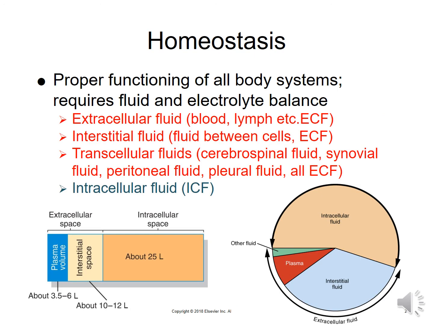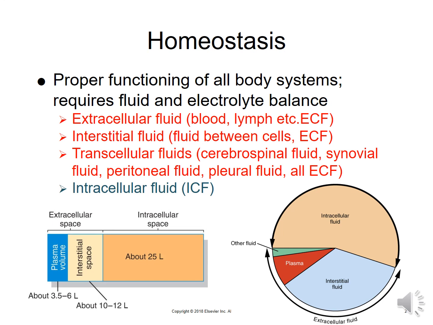All right, let's start our chapter by looking at how fluid is distributed in the body. Even though there are many types of extracellular fluids and different places where it resides, intracellular fluids make up more fluid volume than the extracellular fluids.